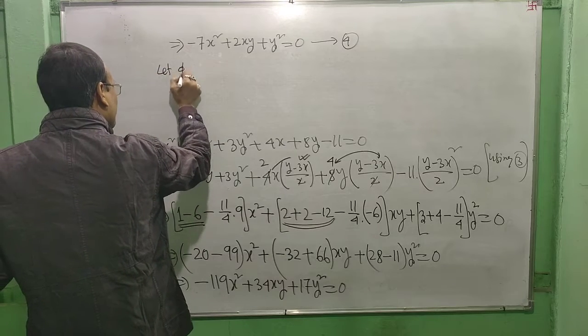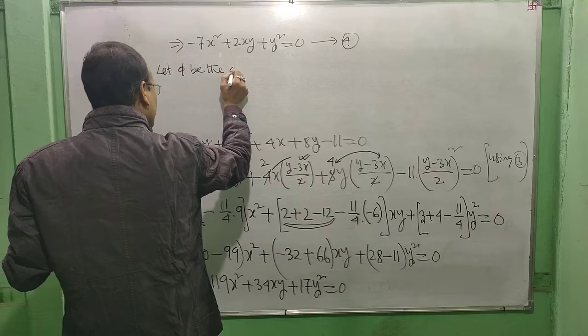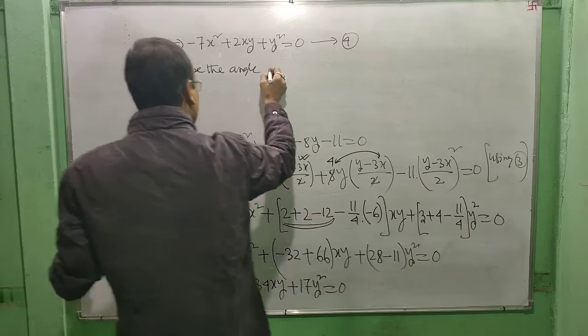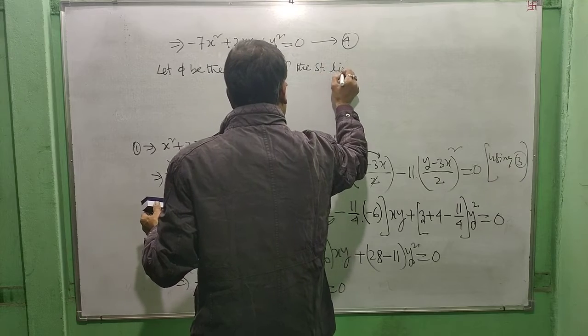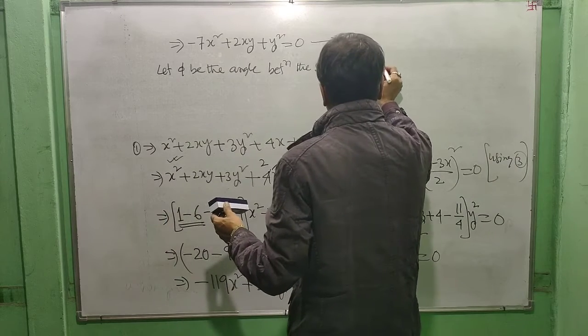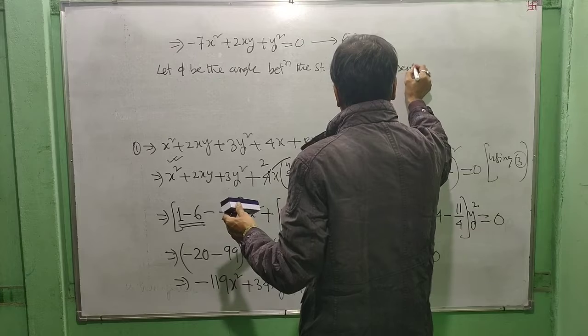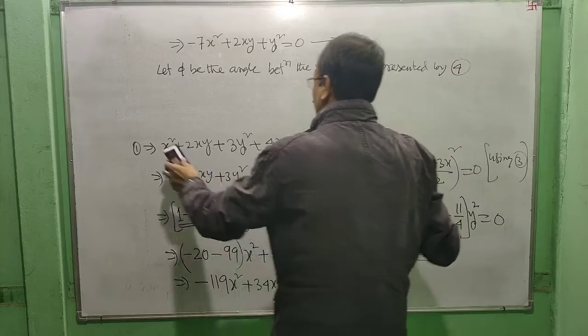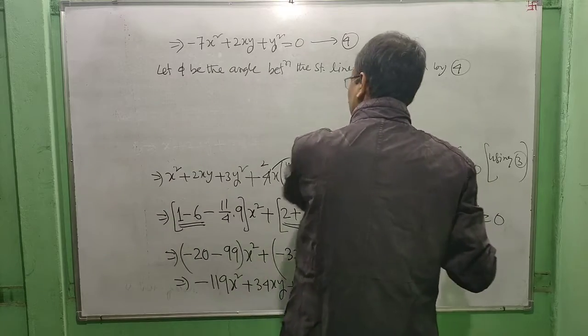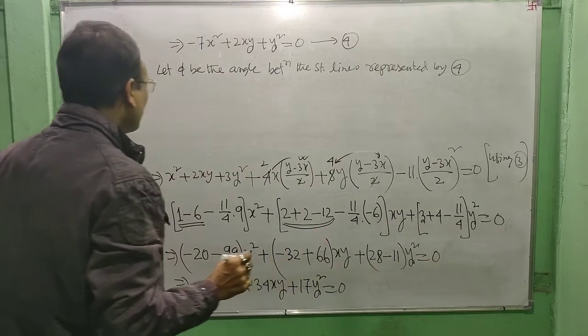Let phi be the angle between the two straight lines represented by 4.